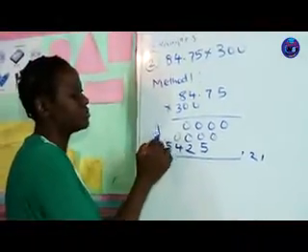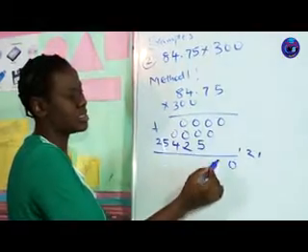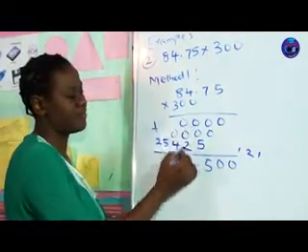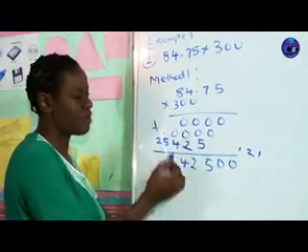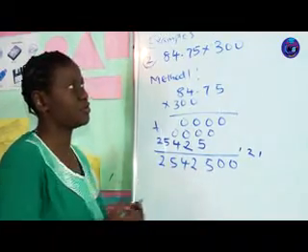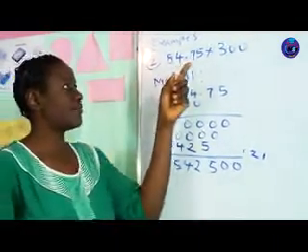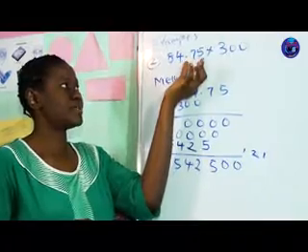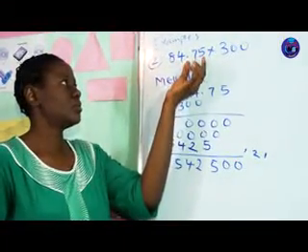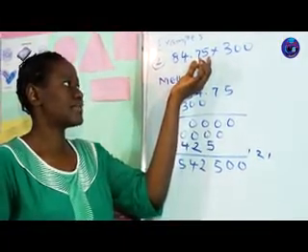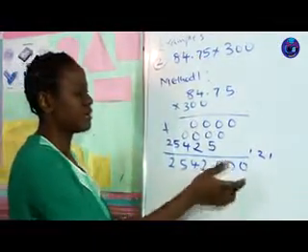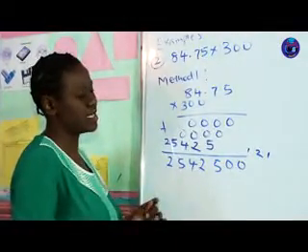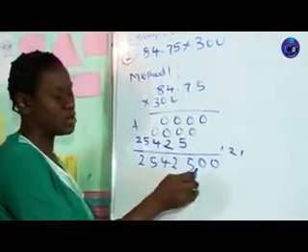Now we add up. 0, 0, 5, 2, 4, 5, 2. Now the decimal number is 2 decimal places. So we come here and count 2 decimals after the whole number. 1, 2.